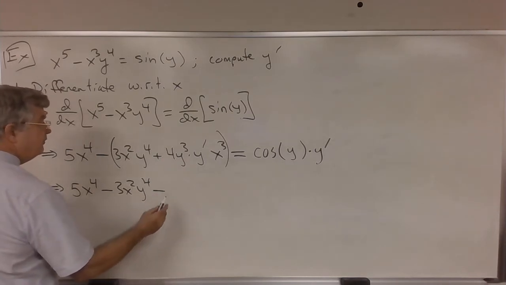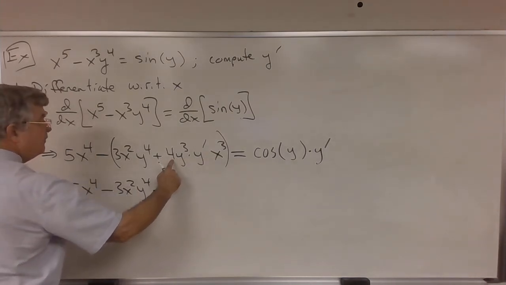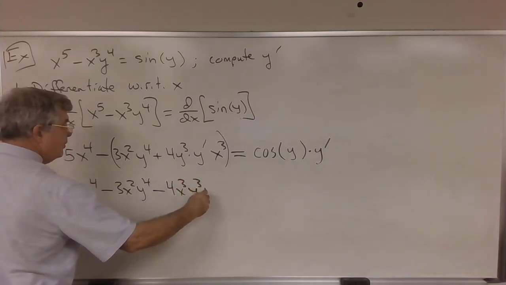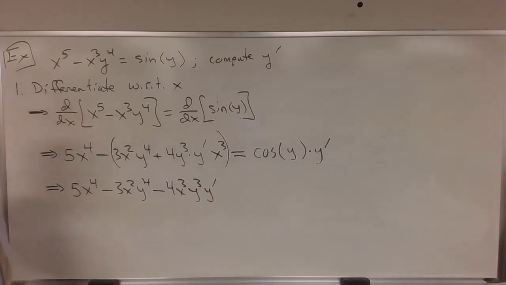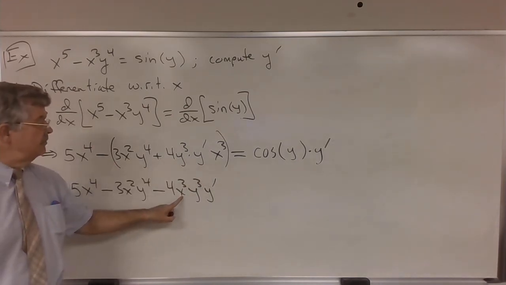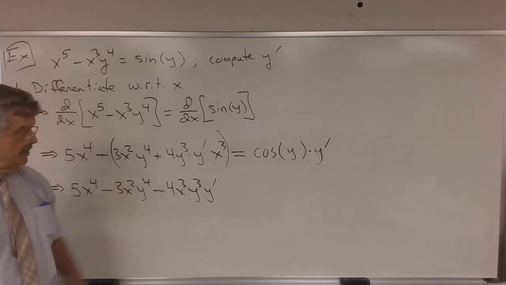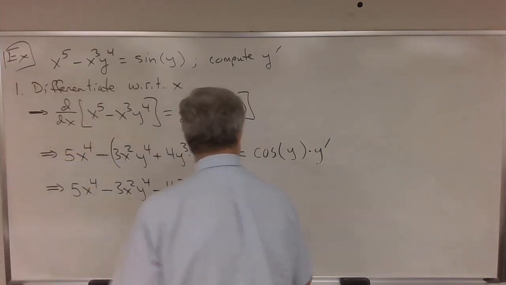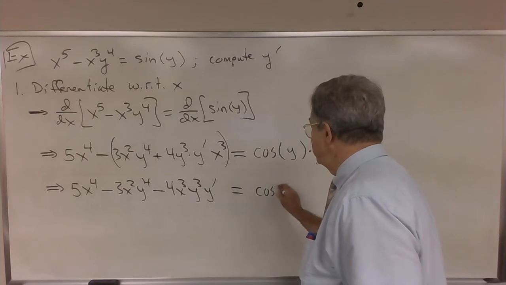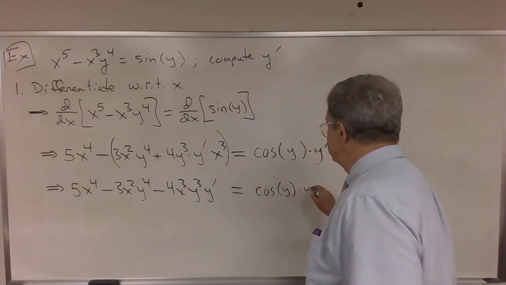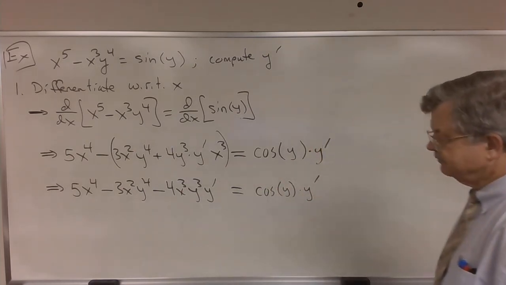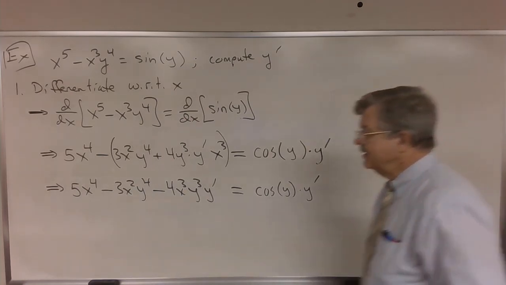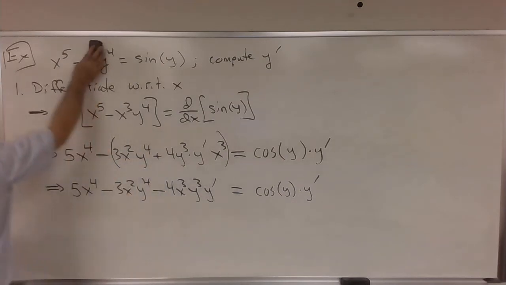So minus 4x cubed y cubed y prime. Did I get everything? 4x cubed, y prime. Yep, I'm good. Equals cosine of y times y prime. Excellent, excellent. So I've simplified.